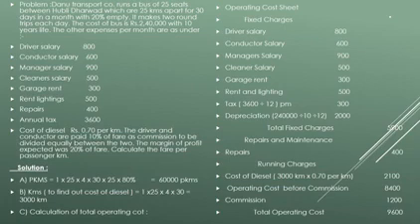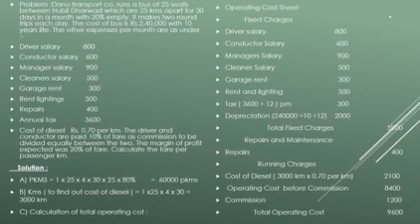The other expenses per month are as under: driver salary 800, conductor salary 600, manager salary 900, cleaner salary 500, garage rent 300, rent and lighting 500, repairs 400, annual tax 3600. Cost of diesel rupees 0.70 per kilometer.